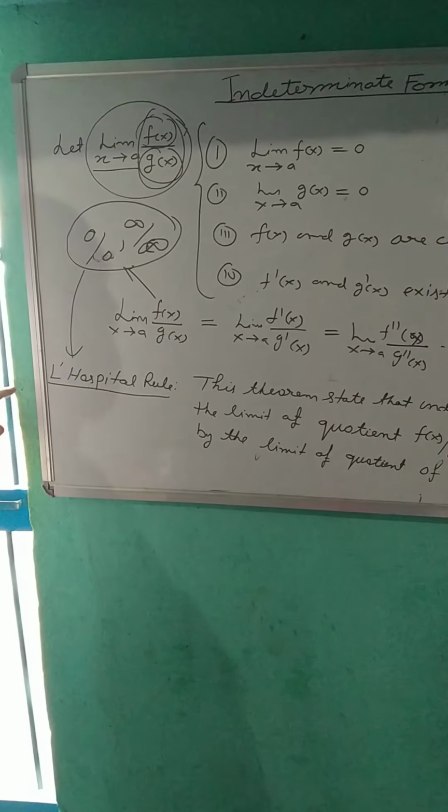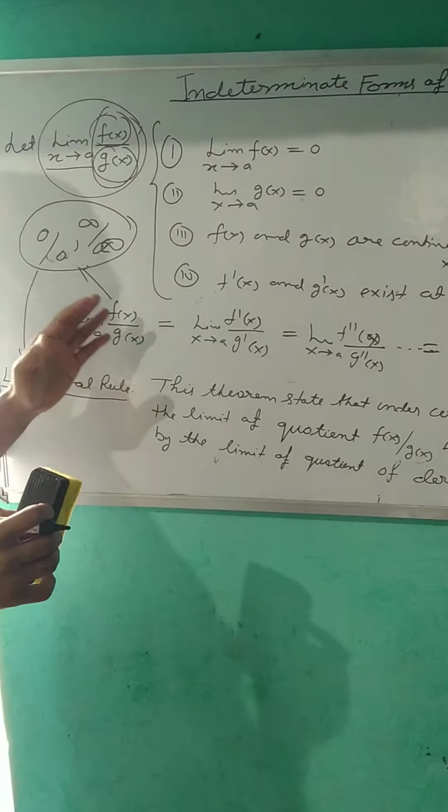Okay, this is the basic rule and basic method of L'Hopital's rule for solving indeterminate forms. Let us take an example. A basic example: suppose we have the function, limit as x tends to 0 of sin x upon x.